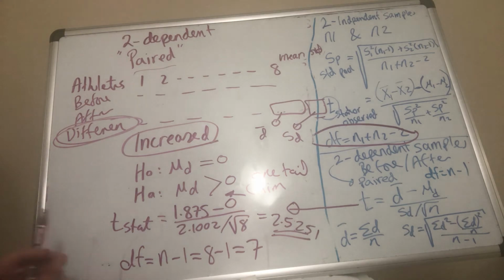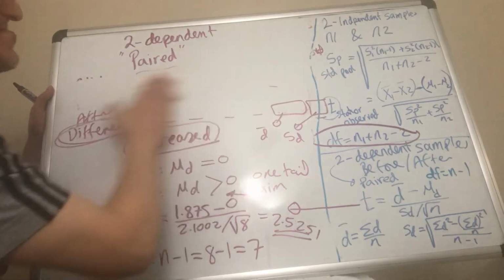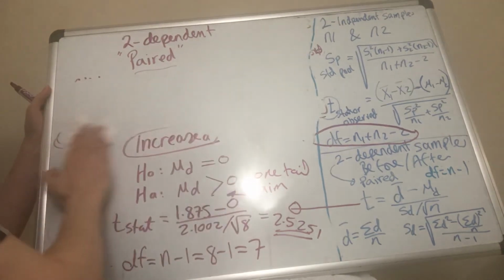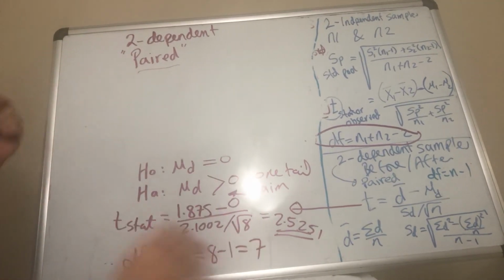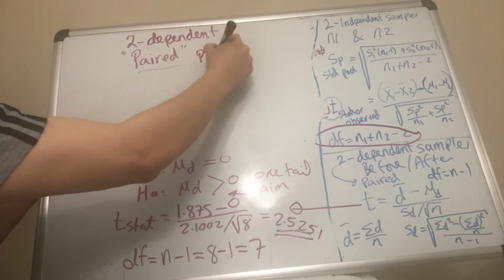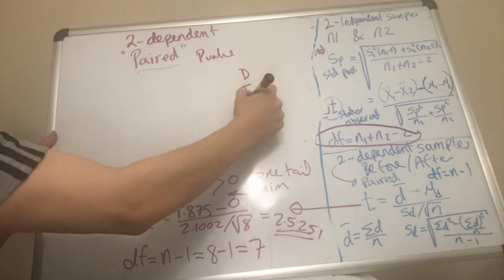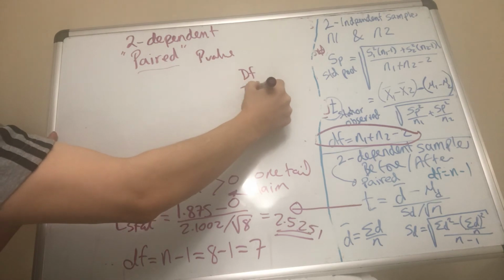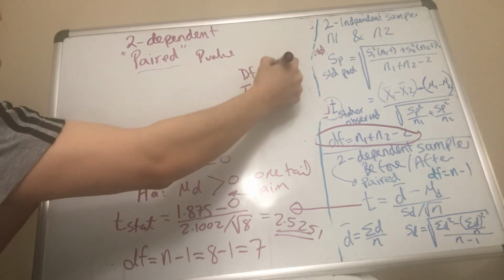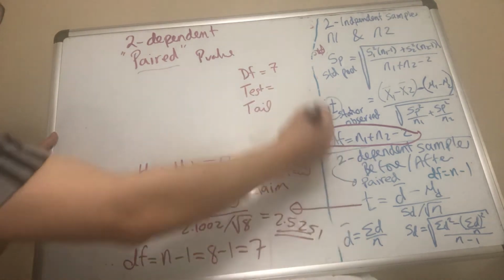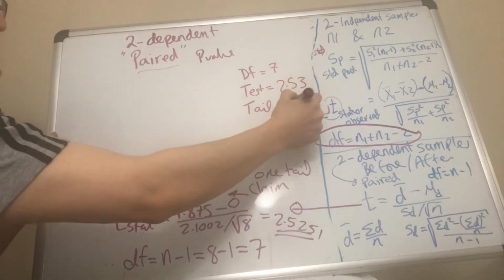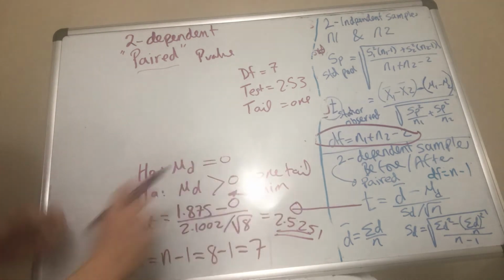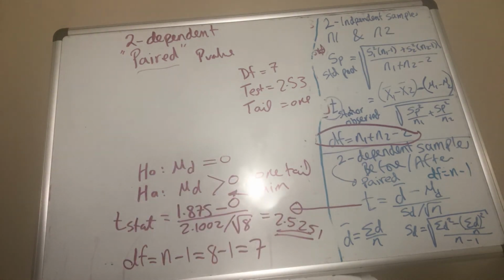Now you find the p-value. To do the p-value, as we said, you need the DTT: degrees of freedom, test, tail. Degrees of freedom 7, test is about 2.53, and it's one tail. We said that earlier. You go to your t-table. You go down to the degrees of freedom, 7.